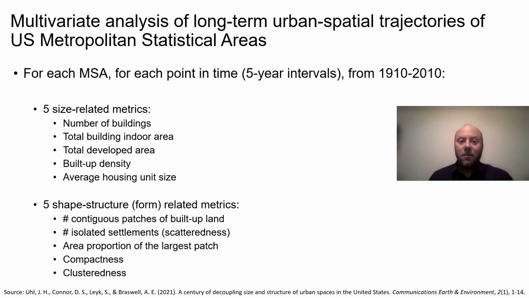For the sake of time, I'm not going to go into too much detail here. Important to know is that for each of the 300 metro areas, we have a time series that consists of 10 dimensions, and these 10 dimensions are the size and the shape related metrics.